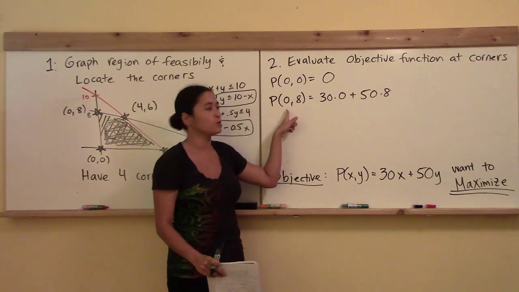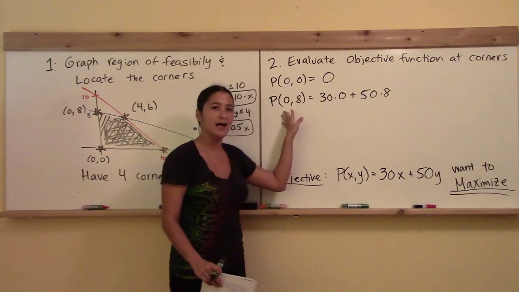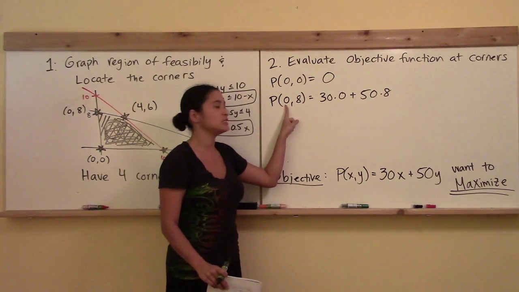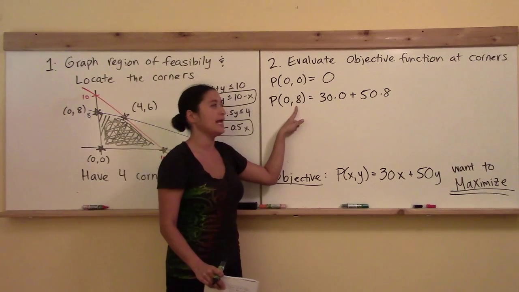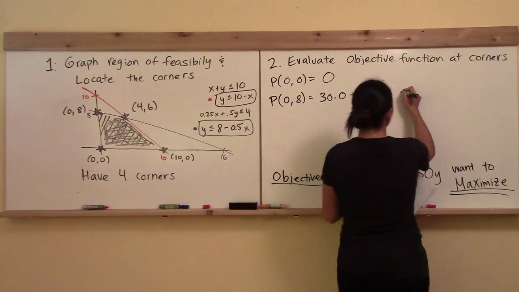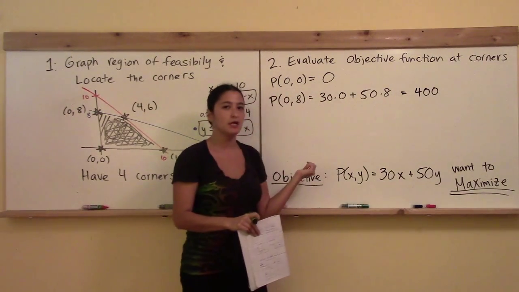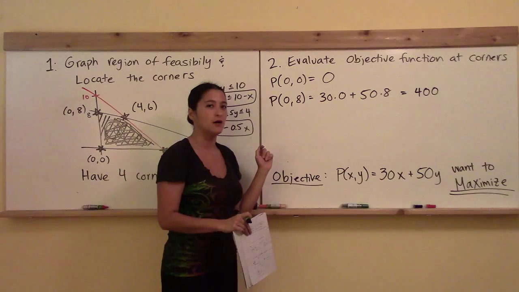So what it's saying when you're evaluating this function at 0, 8 is that I have made the decision to make 0 basic packages and 8 fancy packages. That's what that means. And then the output of that function will be the profit. In this case, $400 is how much I will make if I decide to go that route.